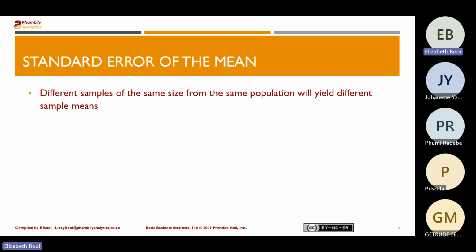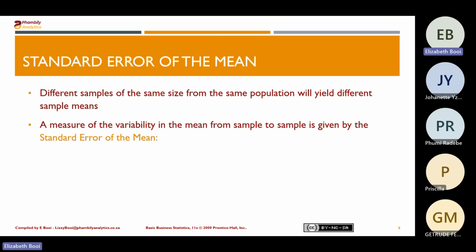The variation of those samples becomes different for each sample, so they will be different based on each sample that you would have created.